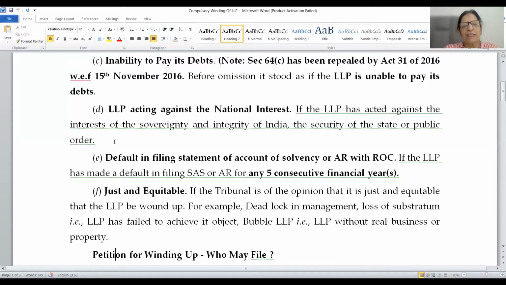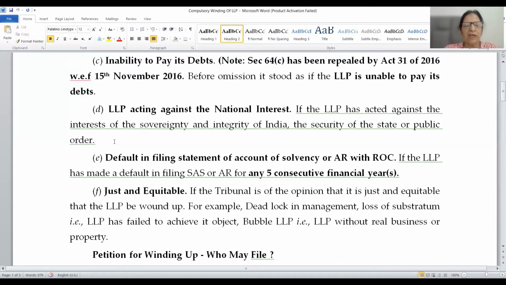If the LLP has committed default in filing SAS or AR for any 5 consecutive financial years, this could be one of the grounds for compulsory winding up of LLP.